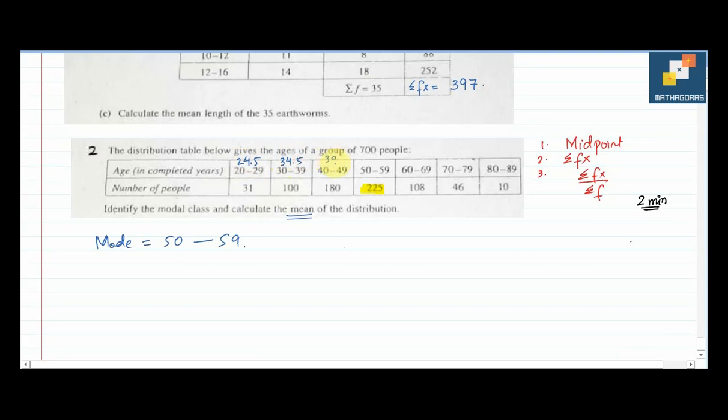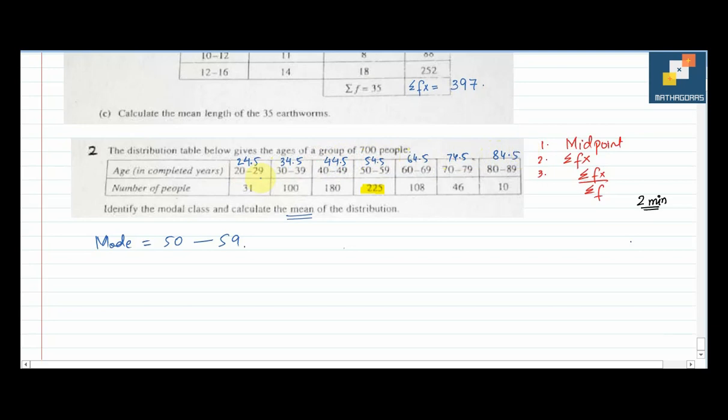After that, 40 plus 49 divided by 2, it's 44.5, my mistake. Now I observe the pattern is there's a difference of 10. The next one is 54.5, after that 64.5, and then 74.5 and 84.5. Now you have all the middle values.